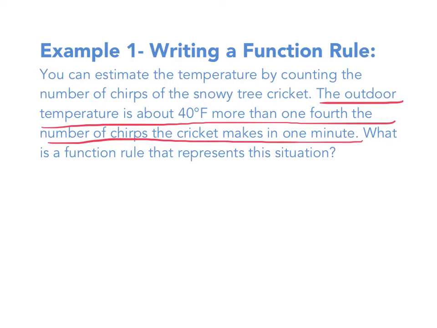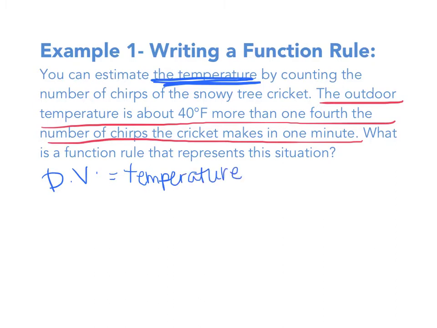So what we're looking for, what we're measuring, is the temperature. So my dependent variable is the temperature. That is my y value. But for now we're going to represent it as t or y.